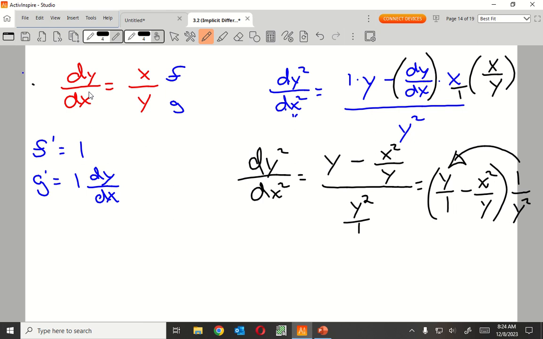Yes? Yeah. Okay, one of the y's is going to cancel, so I'm going to be left with just 1 over y minus, I don't know how many y's canceling over here on the second one, so it's going to be x squared over y third. Very good. There we go.